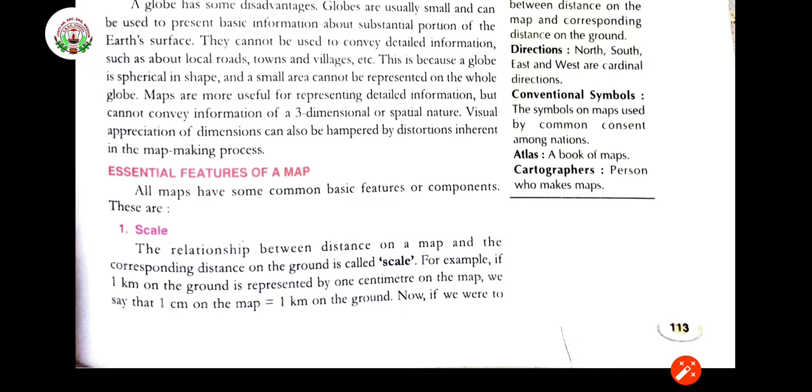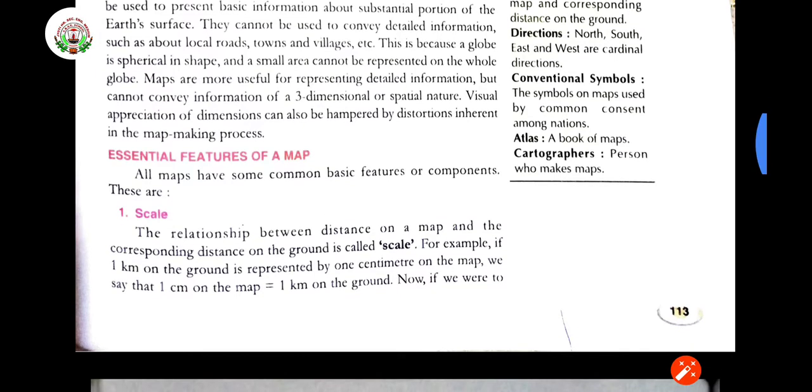Whatever the original distance is on the ground, like from Jyoti school to your house, it is not 1 centimeter or 1 meter, no? It is going to be a little bit longer distance. That will be 1 kilometer, 2 kilometer, like that. So the relationship of distance on the map and the distance on the ground is called scale. Relation between both of these, right?